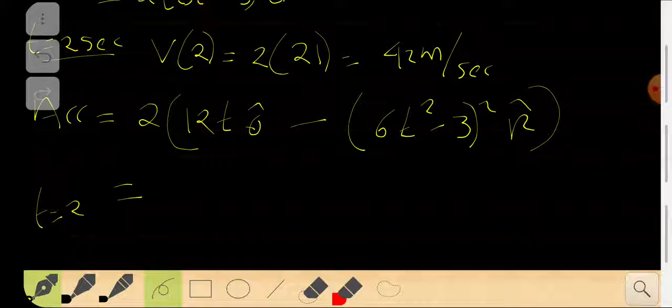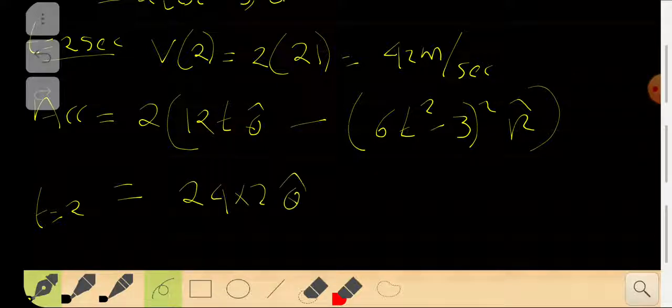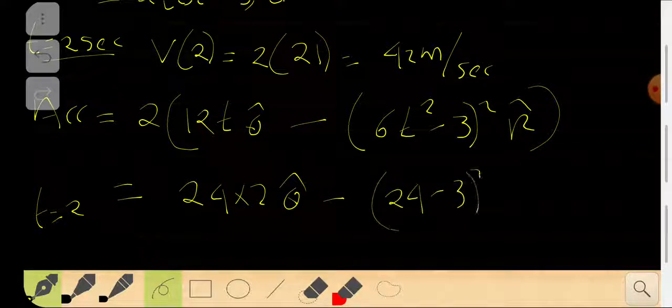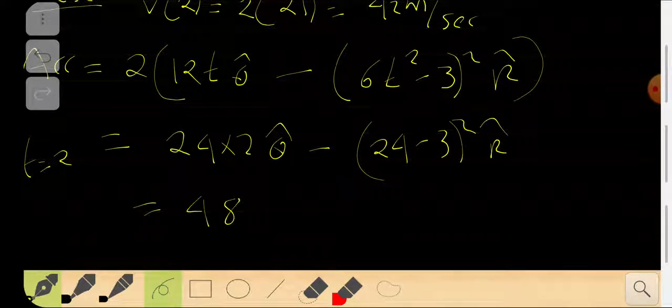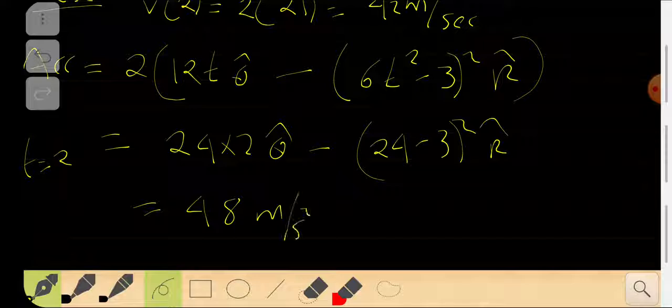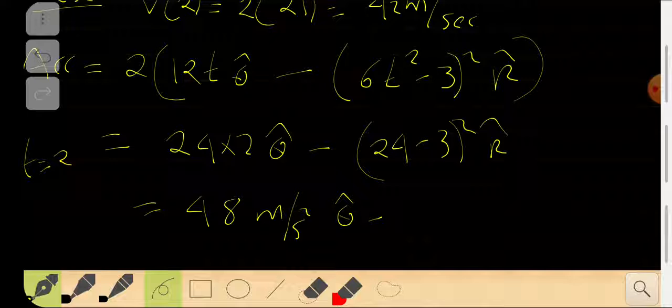It's 2 times 12, that's 24, times 2, theta cap, minus (6t squared, so 24, minus 3) the whole squared in the r cap direction. So that is 48 meters per second squared in the theta cap direction, and 24 minus 3 the whole squared, so 21 squared, that is 441.